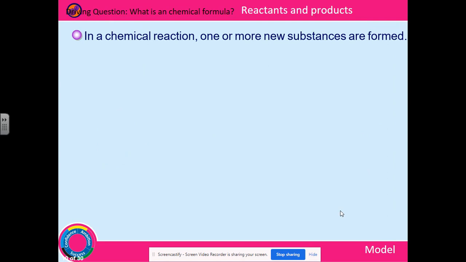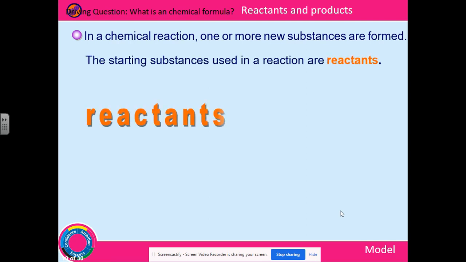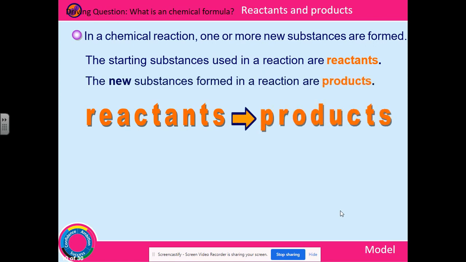In a chemical reaction, one or more new substances are formed. The starting substances used in a reaction are called reactants. The new substances formed in a reaction are called products.